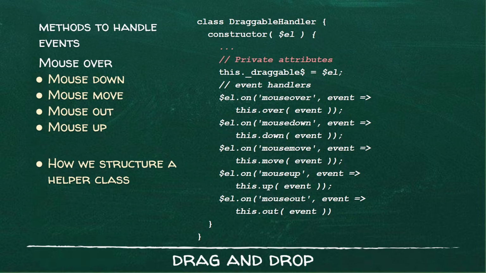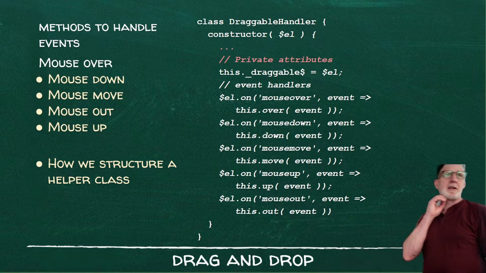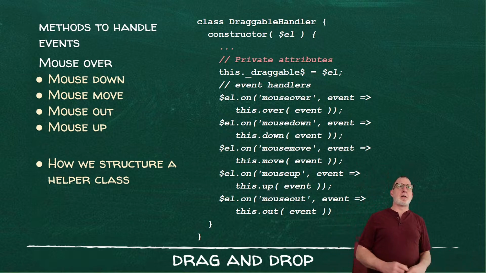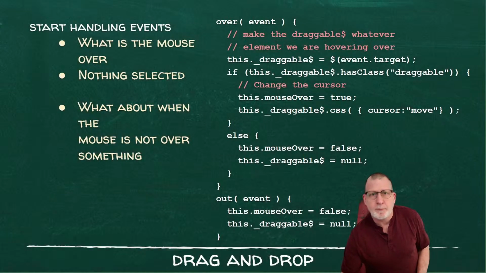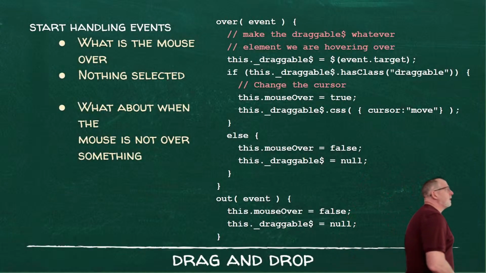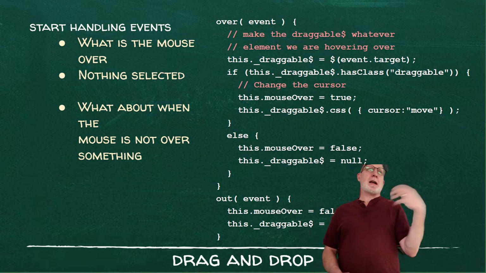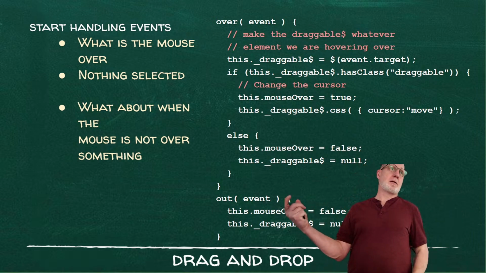I've got a quick reference chart. So mouse down, mouse move, mouse up, mouse out, those are actual events that you can attach event handlers to. And I'm using jQuery here to make it a little easier. All right, the mouse over event, I'm going to go grab the thing I'm moving. If it has the class draggable, and this is how I'm going to identify things, is I'm going to use the HTML to add classes to things.